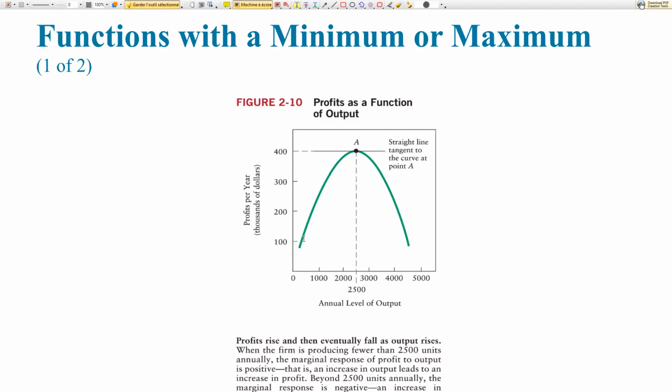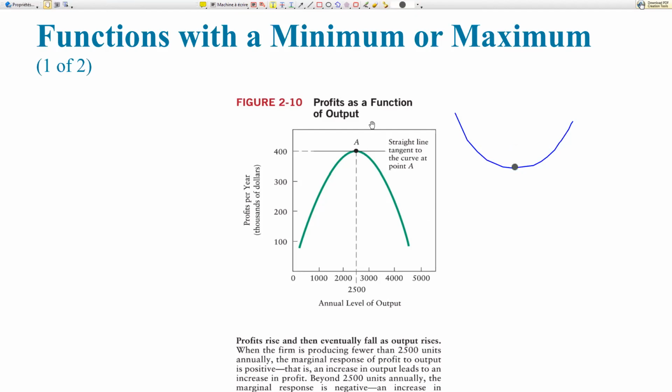That's how you know you have a maximum. If it was a minimum, it would look like the opposite: negative slope on one side, 0, and positive slope, and your minimum would be here.